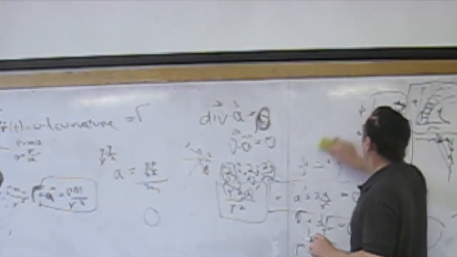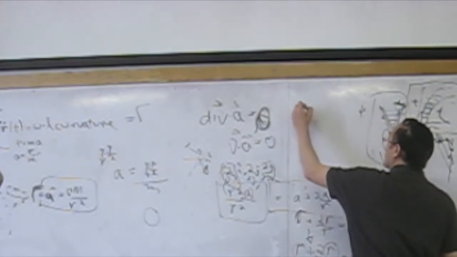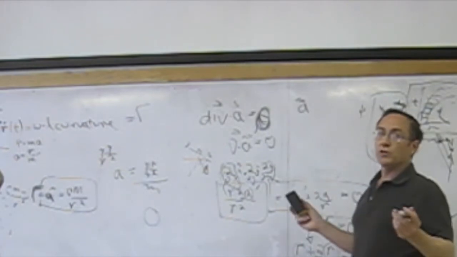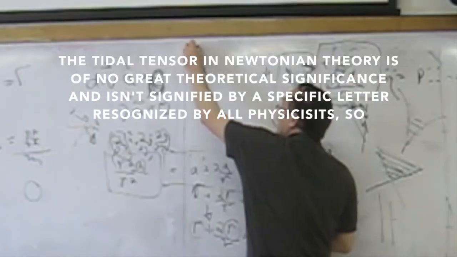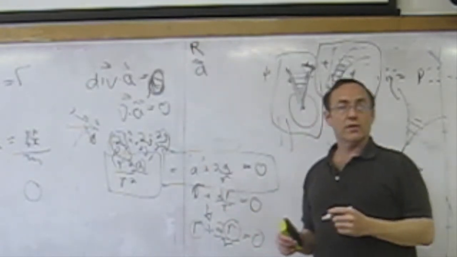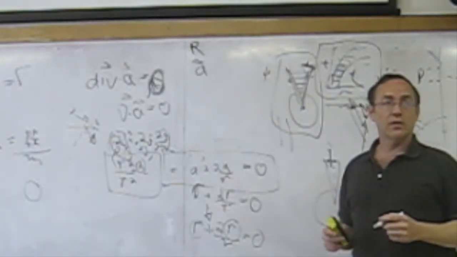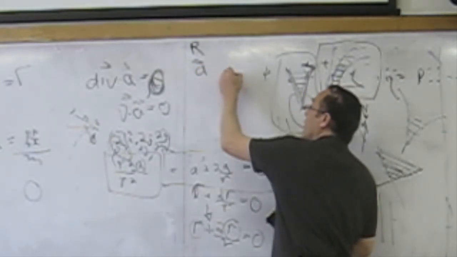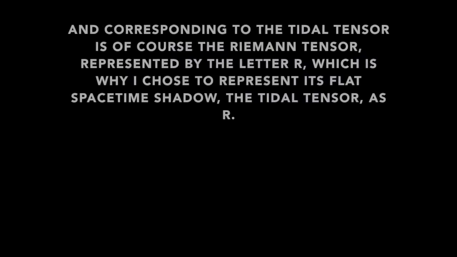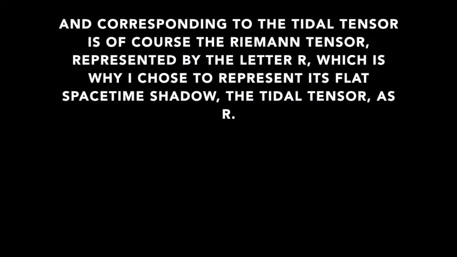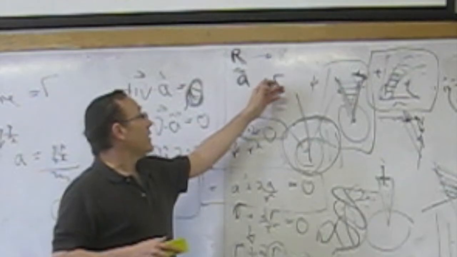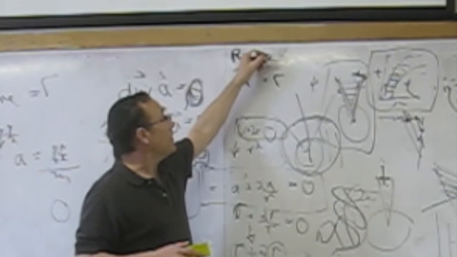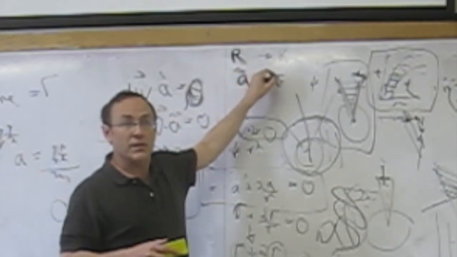We have the gravitational acceleration, and we have the tidal acceleration. There's a tidal tensor, which Newtonian theory doesn't have. I'll just use R for the tidal acceleration. Here this is really a tensor, and the gravitational acceleration is a vector. Corresponding to this, we found the world line curvature. And in differential geometry, we know that we can only find the Riemann tensor components given these things in connection.